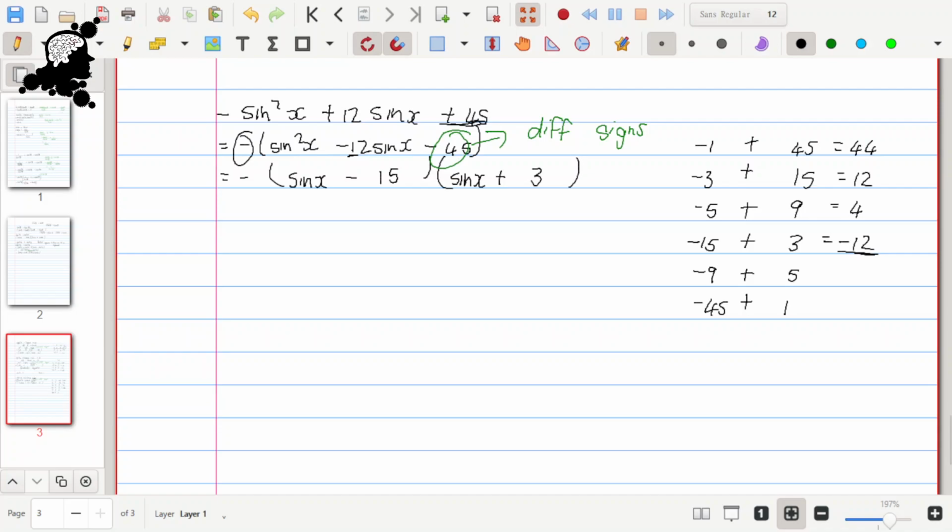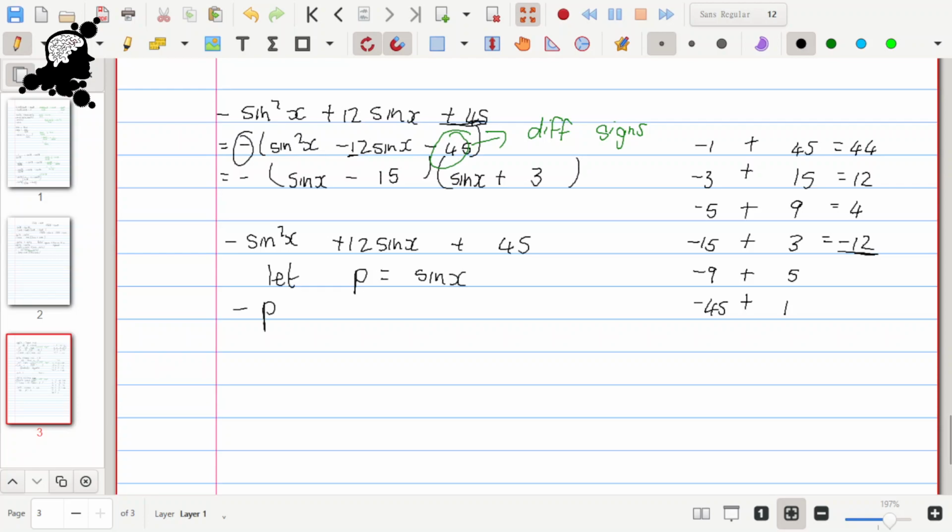Please take note that in this instance, I did not use the approach of algebra, but you could as well just do the same thing. So you could say negative sine squared x plus 12 sine of x plus 45. Then you could say something like let p equal sine of x.